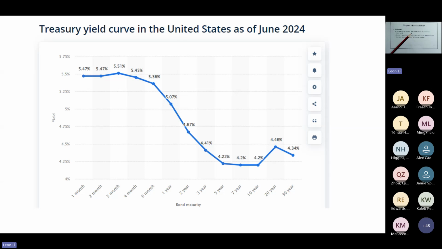The reason? Return and risk. With a long-term bond, we receive the money late. Therefore, we will require higher return. So this is normal. But when we see the inverted yield curve, that means a downward sloping curve, it is a recession warning.